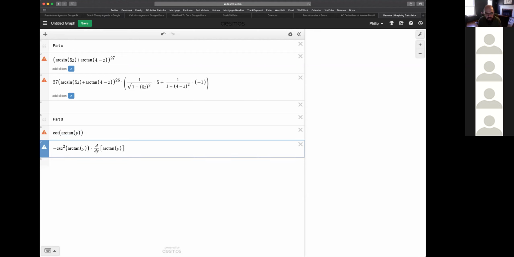As we break it down, we have something like this. And then the derivative of arctangent is exactly what Bella said here: 1 over 1 plus y squared.